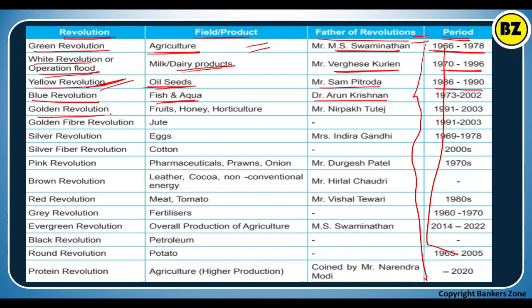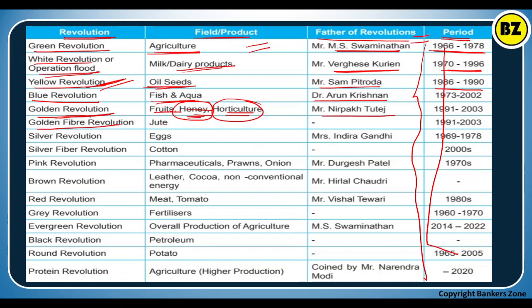Now golden revolution. Obviously golden means yellow, right? So fruits, honey and horticulture. The important ones are honey and horticulture. So golden revolution, honey plus horticulture, remember. And Dr. Nirpakh Tutej. The golden fiber revolution.